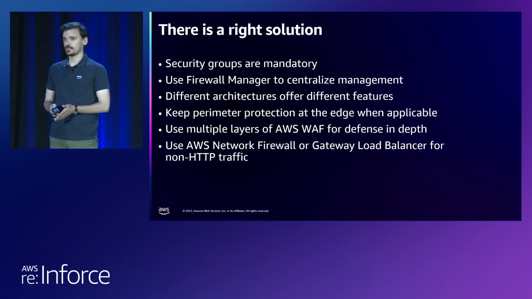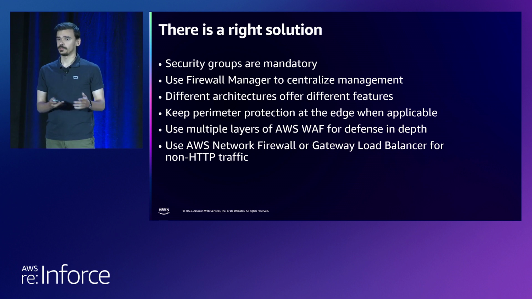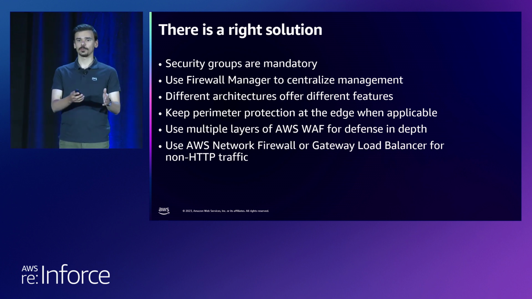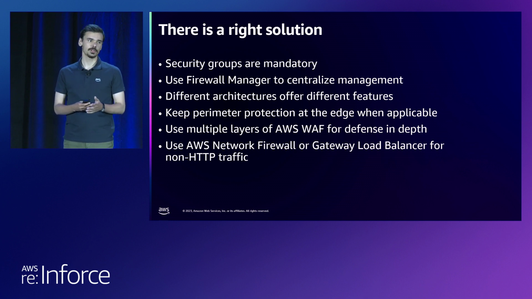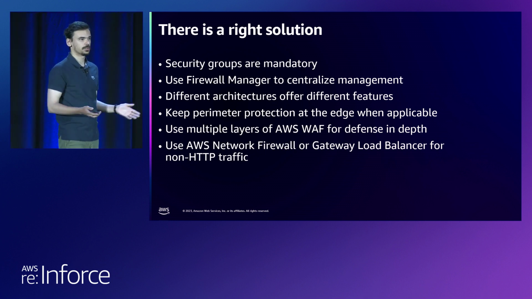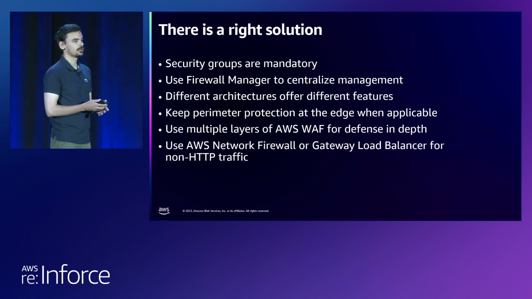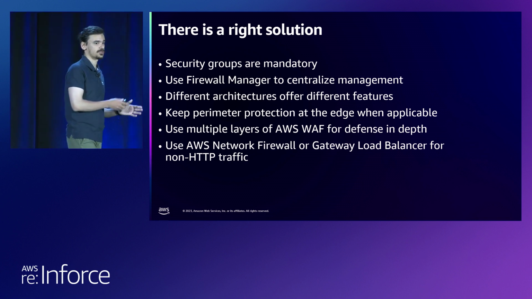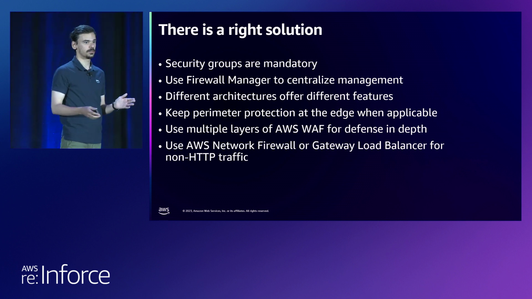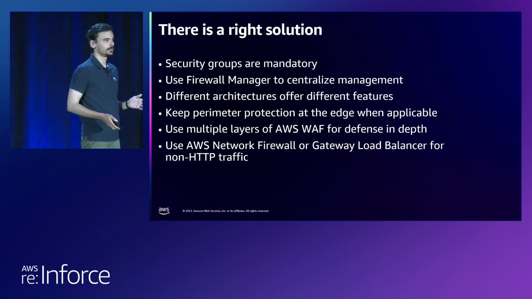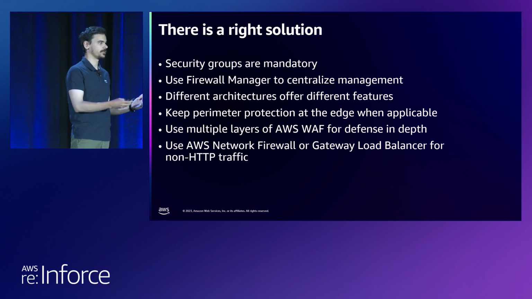Then, as you've seen in this session, different firewalls and different architectures of those firewalls will give you different features. So start from your requirements, what you need from your security teams, work from there, and you'll surely find a solution. Then, as Tsuri mentioned, we want you to start protecting as early as possible. So start from the edge. Don't let the threats get deep. On top of that, protect in multiple places. Start at the edge, then at the edge of your VPC.